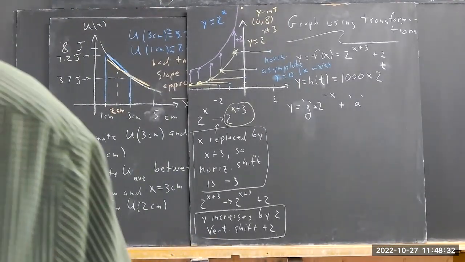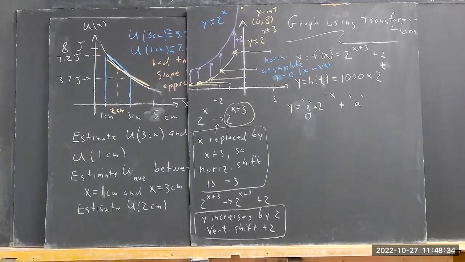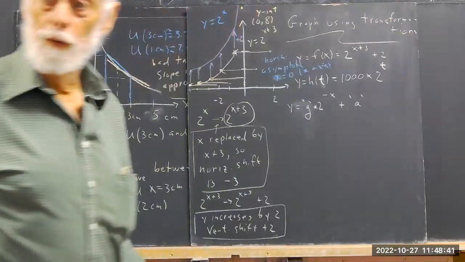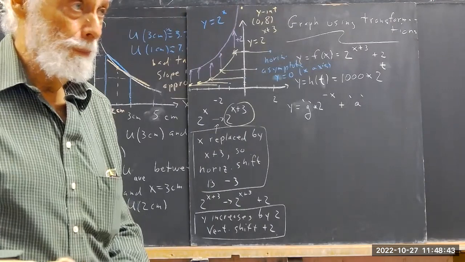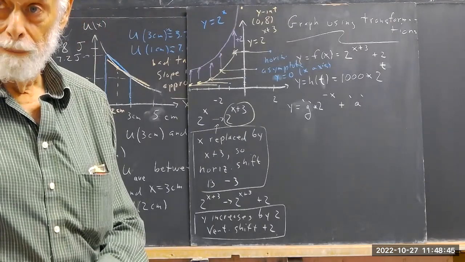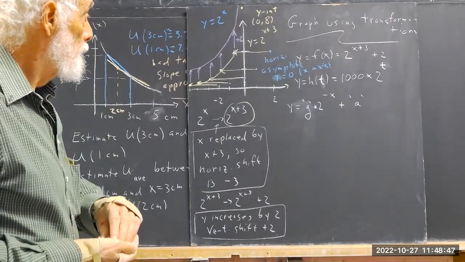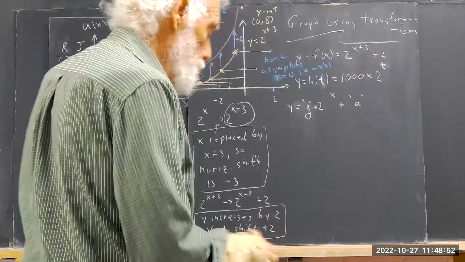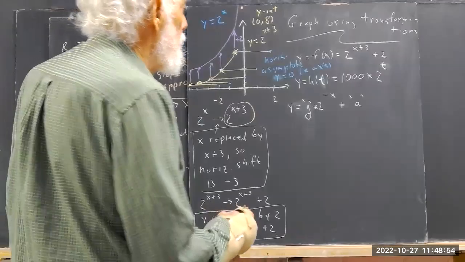Just using the skills that we developed early, before we even talked about the algebraic representation of these different transformations. And we want to think in that context. So there's a graph of f(x) = 2^(x+3) + 2.